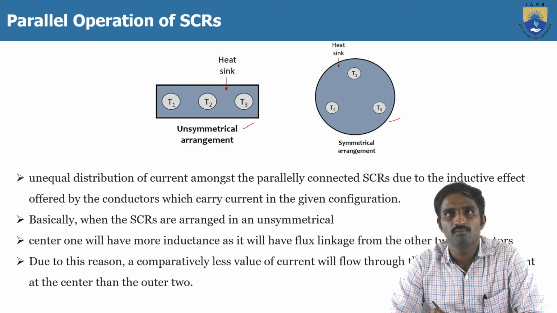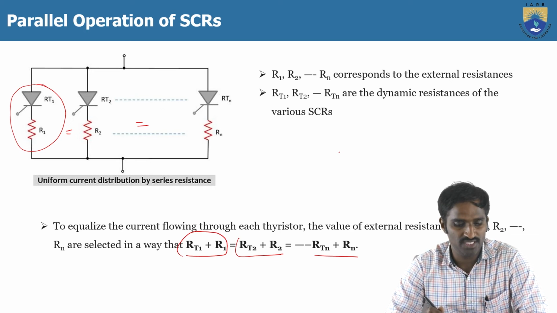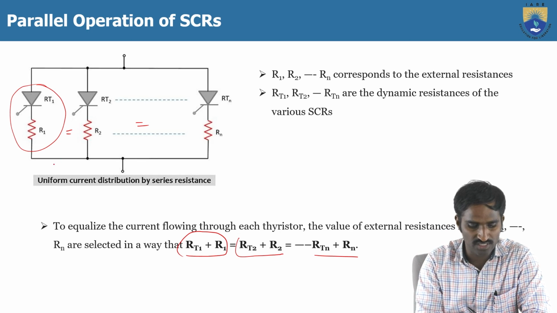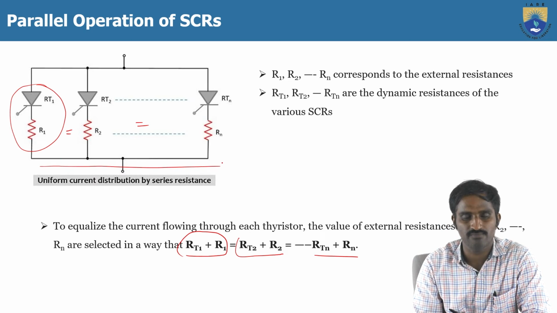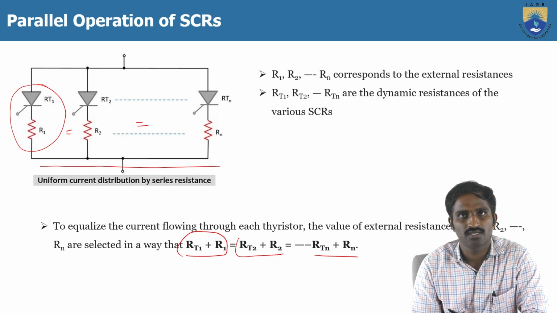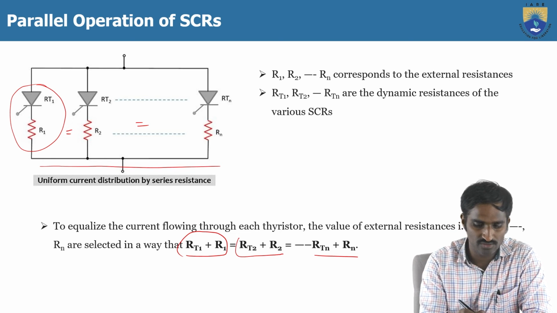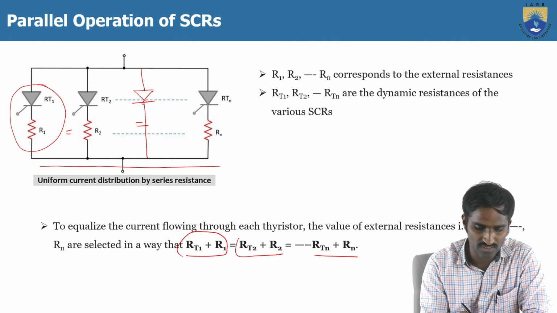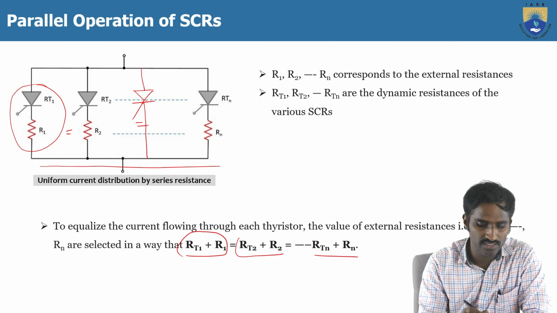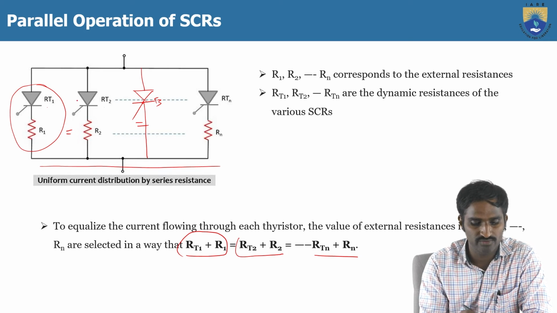So this is how, by two methods. One is by just connecting each SCR, because as you can see, this is an unsymmetrical connection, because here if you have one more SCR, just three SCRs, then the inductive effect on the SCR T2 from T1 and T3 will be more, so that the current flowing through it is less when compared to T1 and T3.